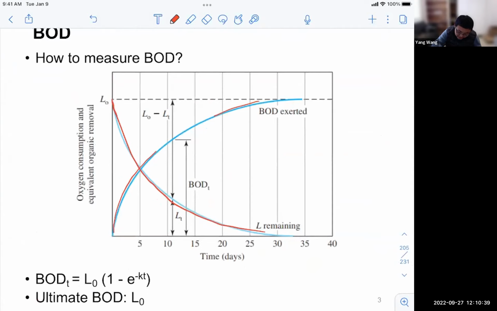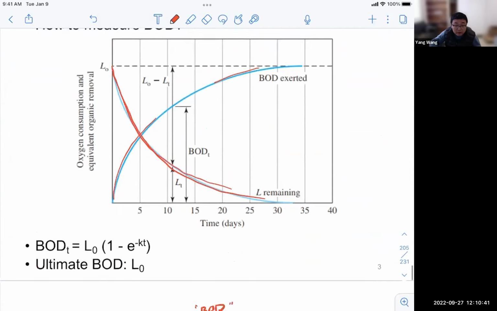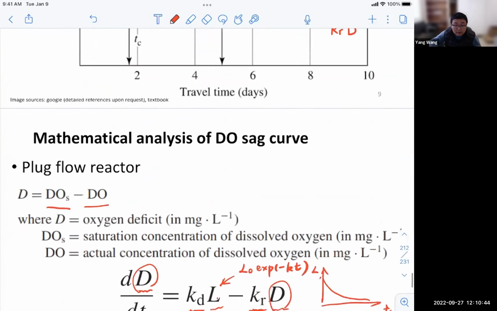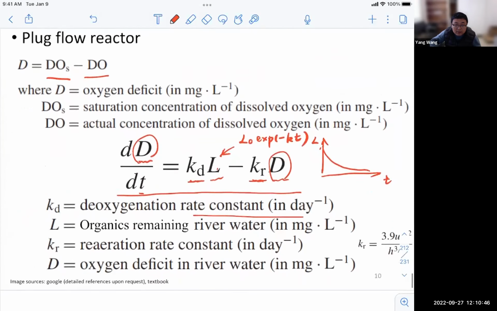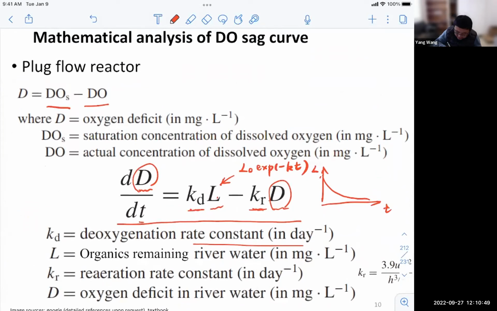So now we also have an expression for the L term, and it seems the only unknown is D, the oxygen deficit. You can try to find the analytical expression. I think you have probably gone through this in your calculus class, but if you're interested, we can derive this together during our office hour.